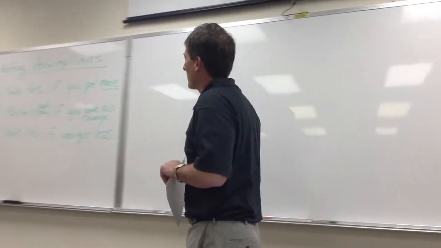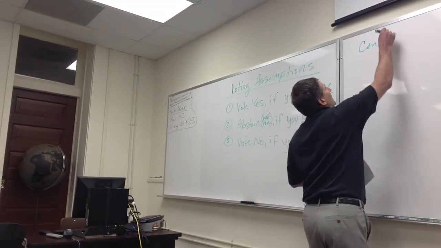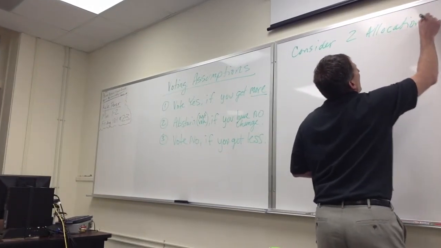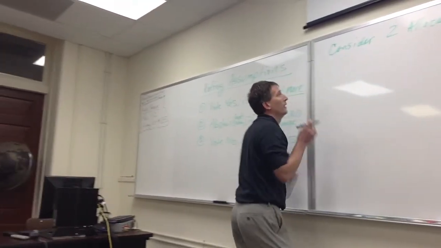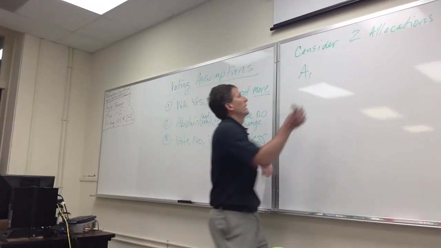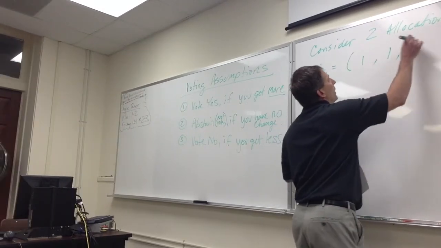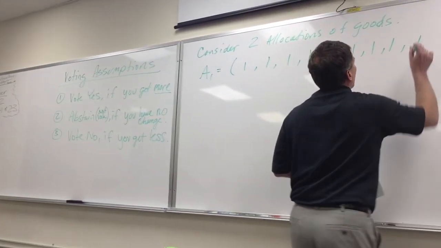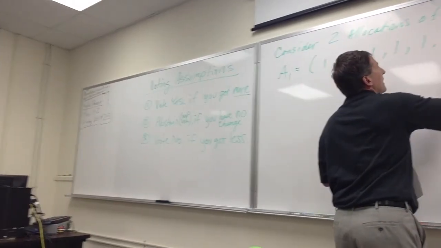So here's what we're going to do. I want to show you two allocations of goods. So allocation 1 is everybody gets 1 unit of a good. So you're going to have to draw 10 of these out. 1, 2, 3, 4, 5, 6, 7, 8, 9.